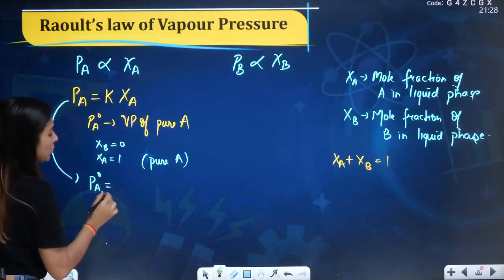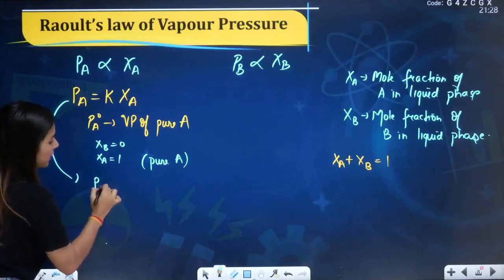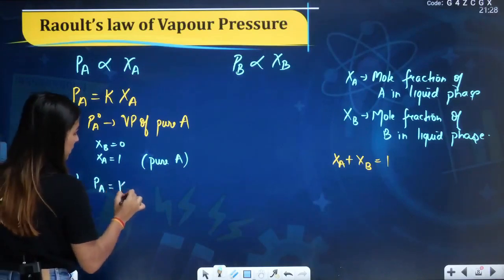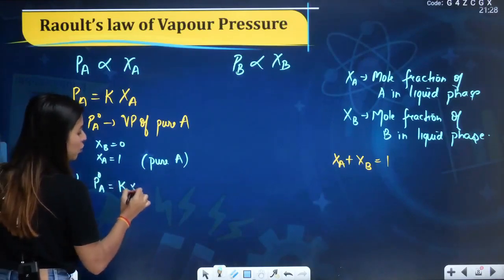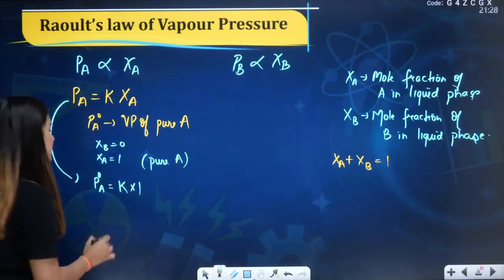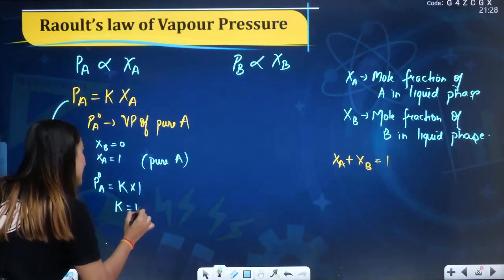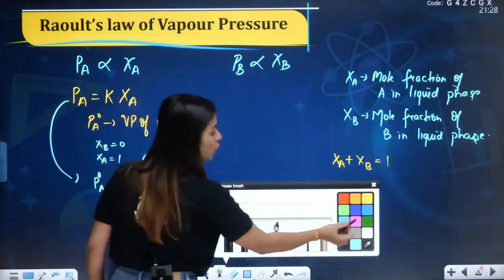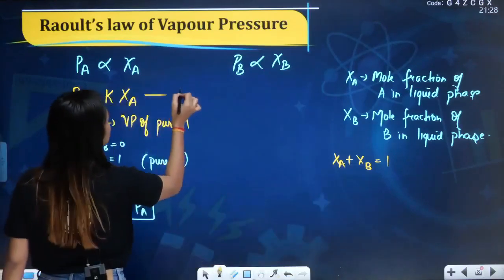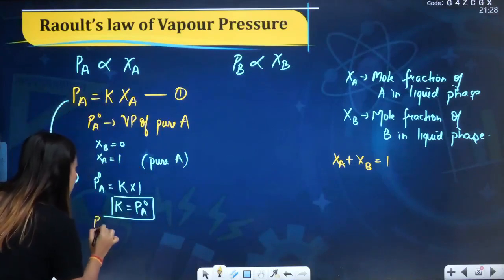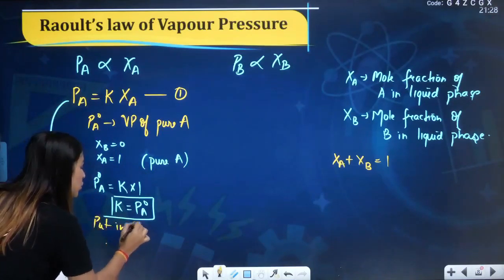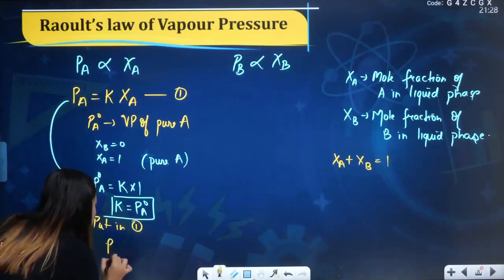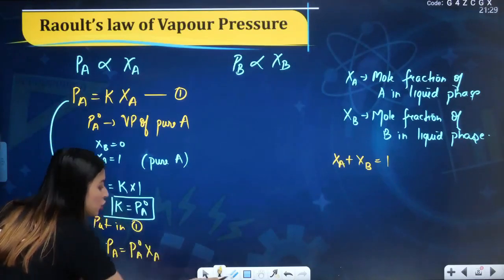PA will be equal to K, which is PA naught into 1. This means the constant K has come out to be PA naught, right? Yes. So if you put in 1, you get the expression PA is equal to PA naught XA.